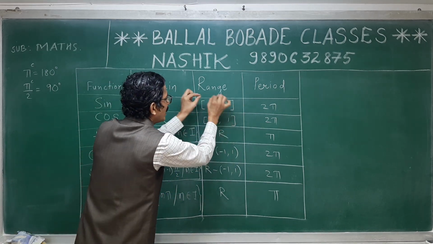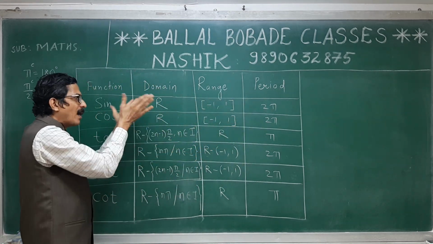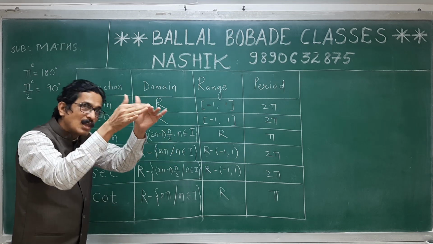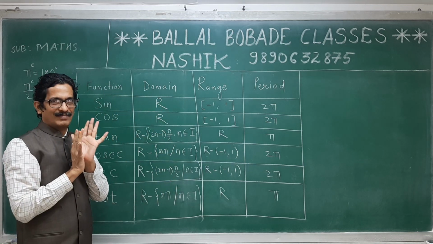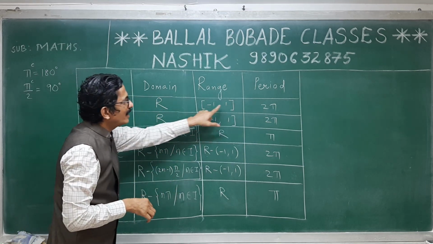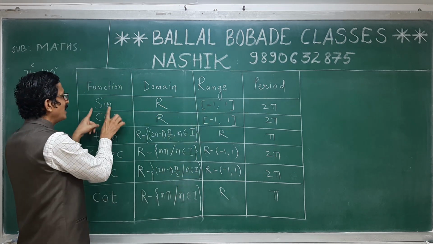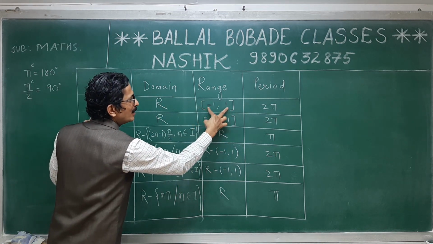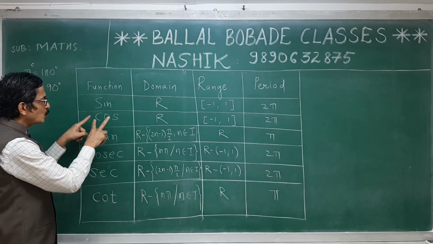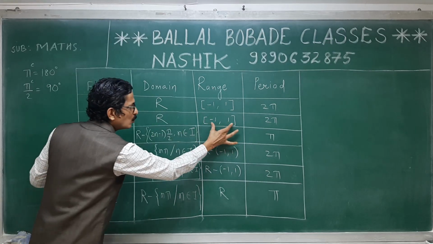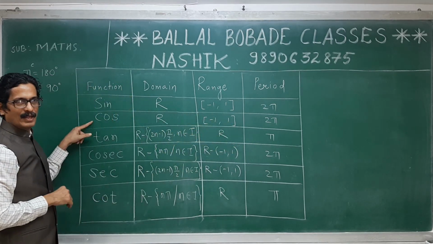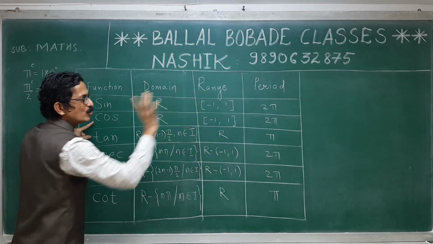The closed bracket indicates that -1 and 1 are both included. So sin theta always lies between minus 1 and 1. So does cos theta, it also lies between minus 1 and 1. And the period for these two, of course, is 2 pi.